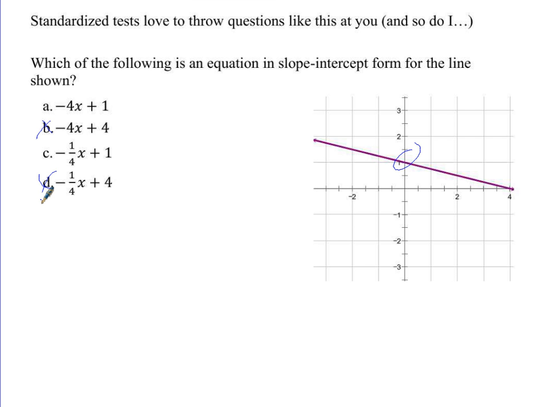Now, the last thing that we have to look at is, I have A and C here. What's the difference between these two? So the slope for one of them is 4, and the slope for the other is 1/4. What's the difference between a slope of 4 and a slope of 1/4?